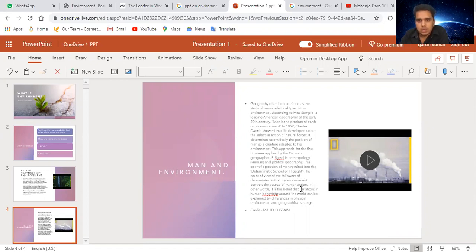In other words, it is believed that variation in human behavior around the world can be explained by differences in physical environment and geographical settings. Variation means changes in the environment, and changing things according to his desires and needs is human behavior. So these are the words from Majid Hussain's books.